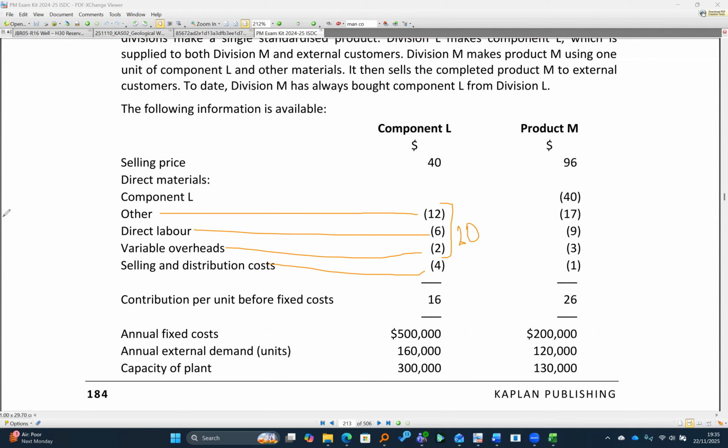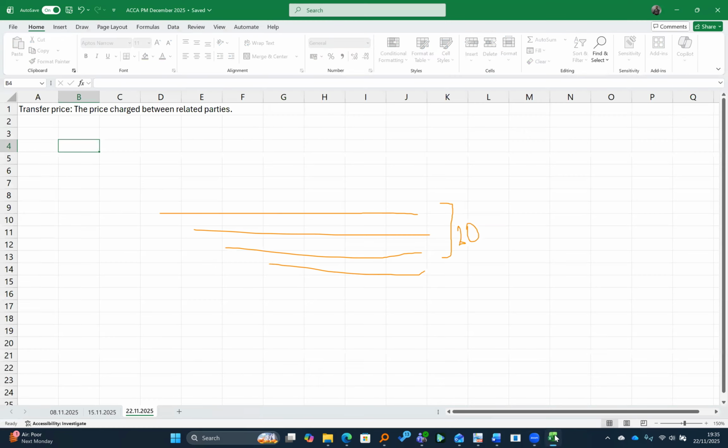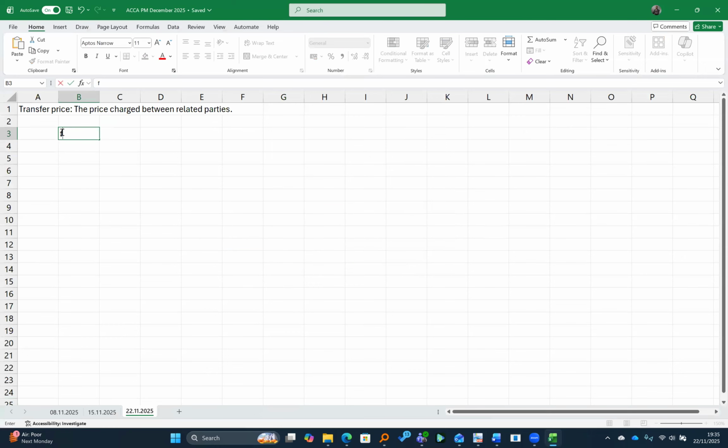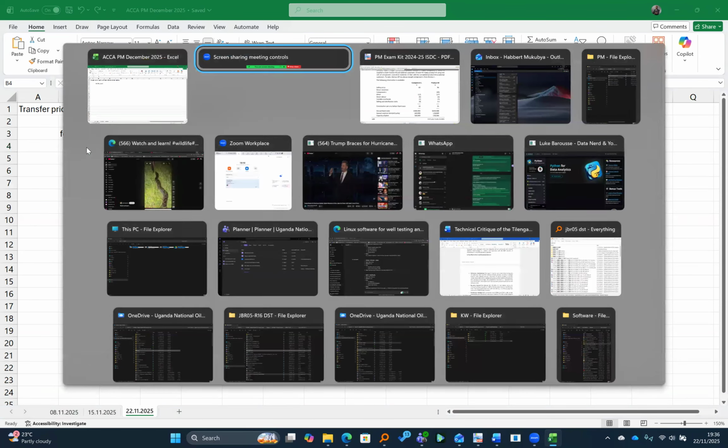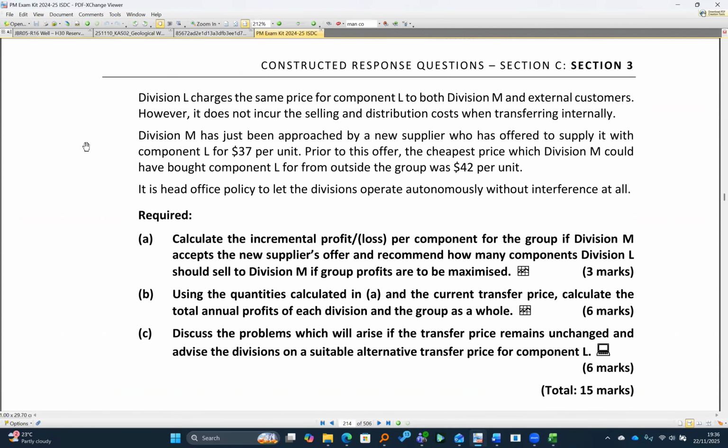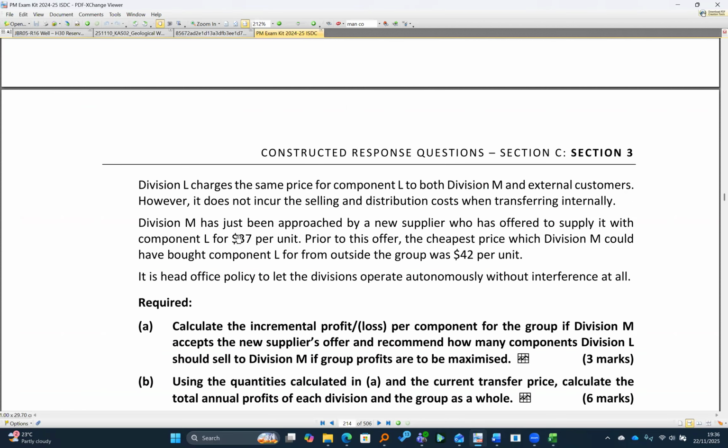So it means, as far as the group is concerned, this is what will happen. For the group, we shall have this, because if we buy from outside, they'll charge us 37.